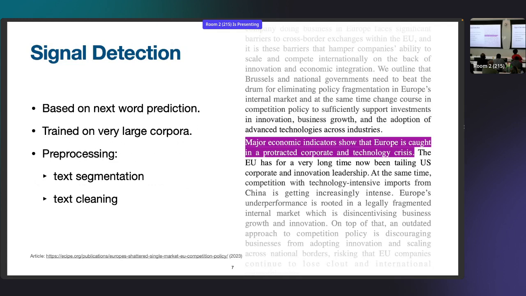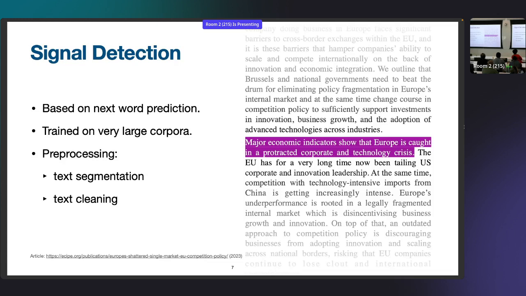The detection of this excerpt is based on next word prediction, which is also the basis of current language models, which were trained previously on very large corpora. The text itself is first pre-processed and segmented.